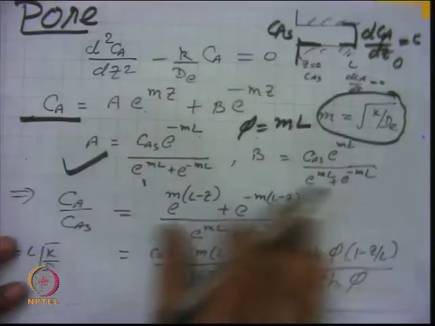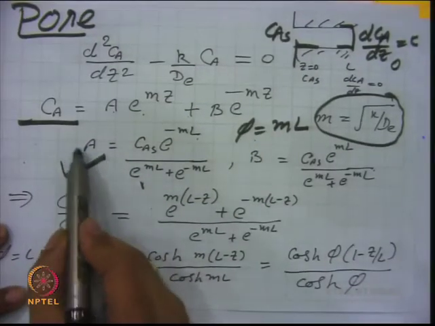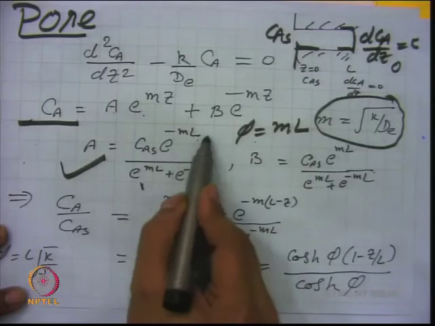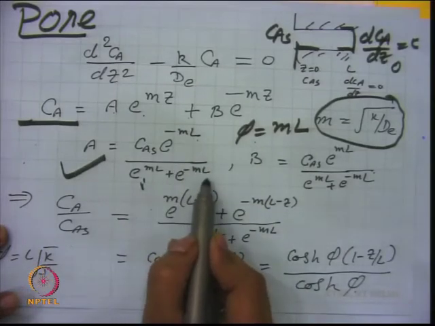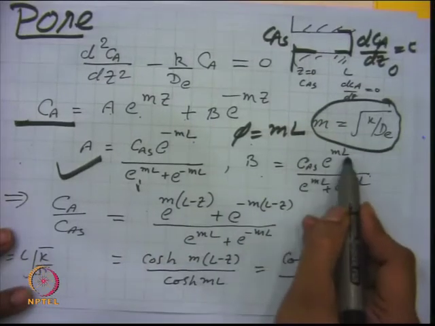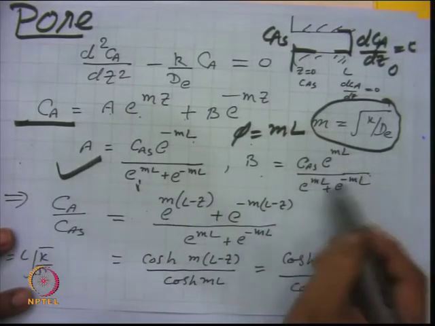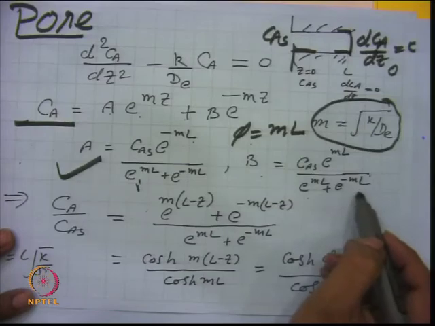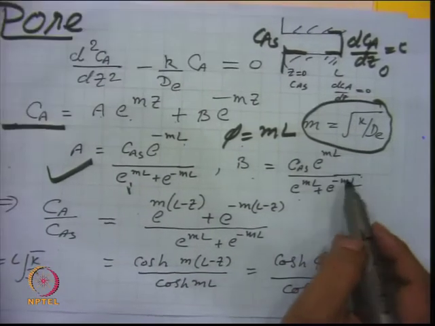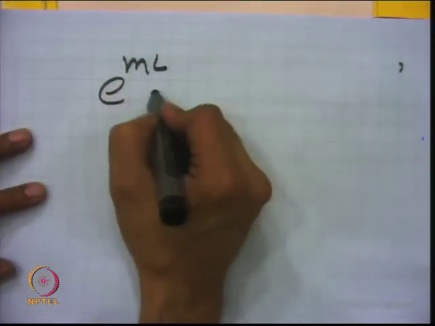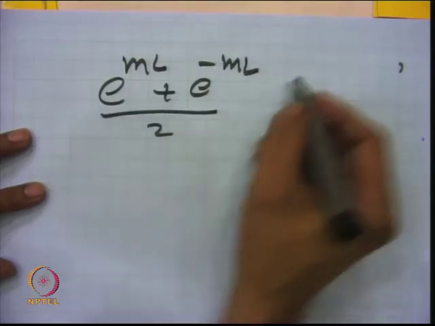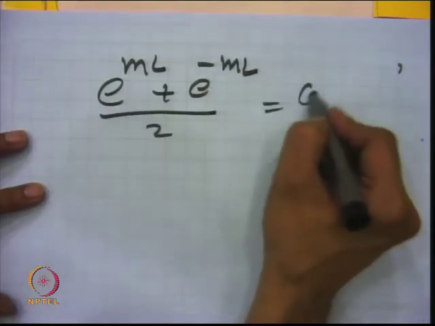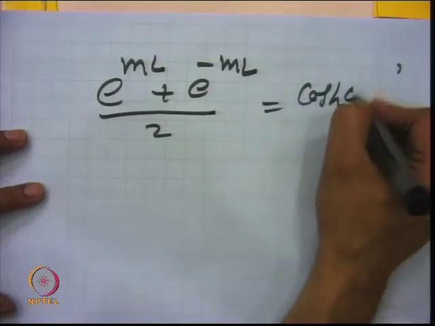Solve these two equations. So, if you solve them, then A is equal to C S e to the power minus m L divided by e to the power m L plus e to the power minus m L, right, and B is equal to C S e to the power m L divided by e to the power m L plus e to the power minus m L. If you remember your hyperbolic functions, this is nothing but e to the power m L plus e to the power minus m L, right, divided by 2 is your cosh function, right.